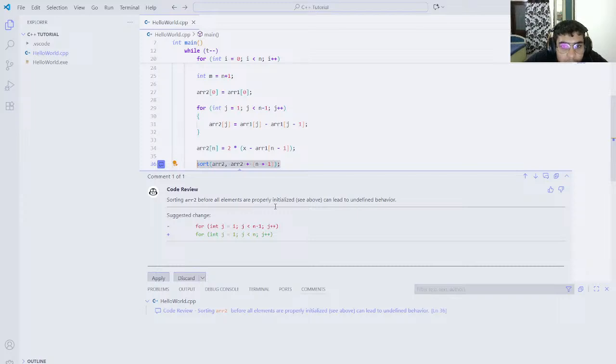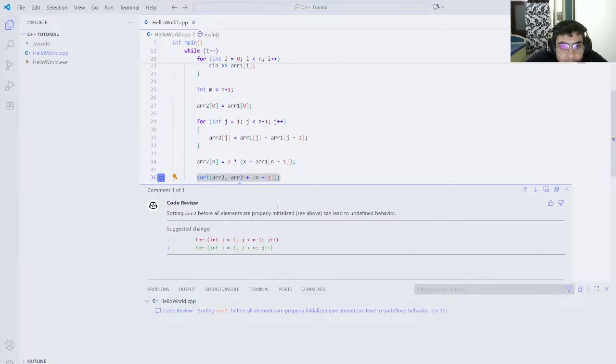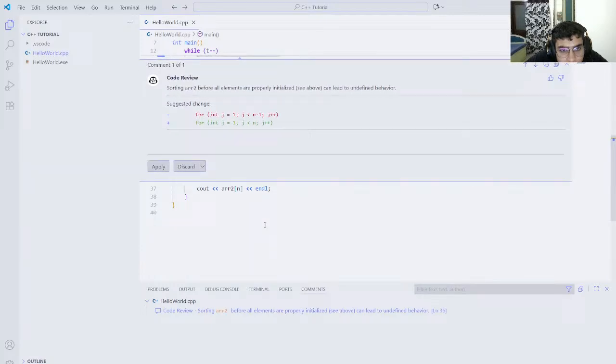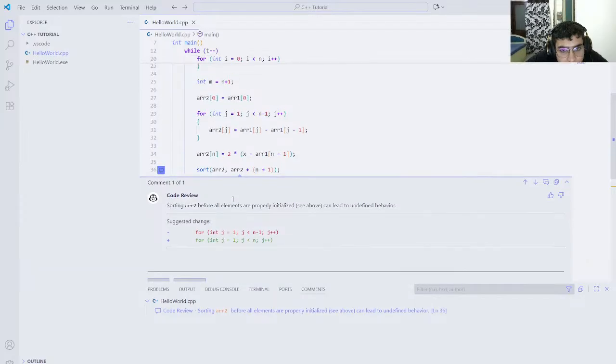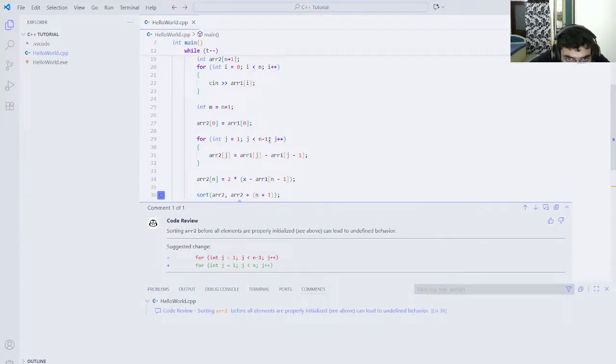Reading array 2 before all elements are properly initialized. See above. Undefined behavior. This is wrong.